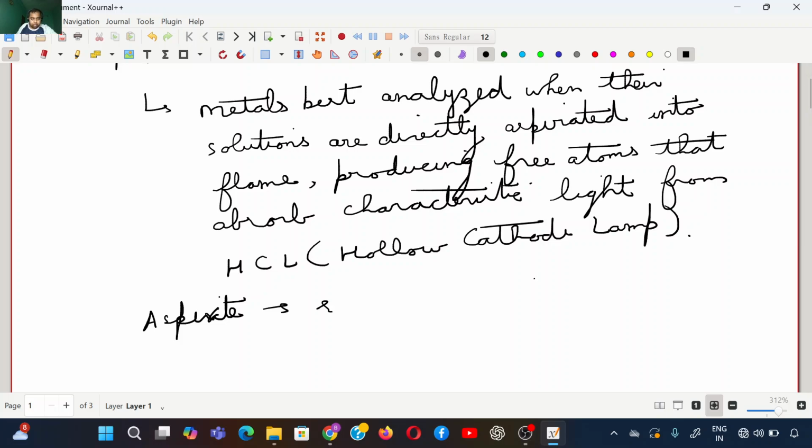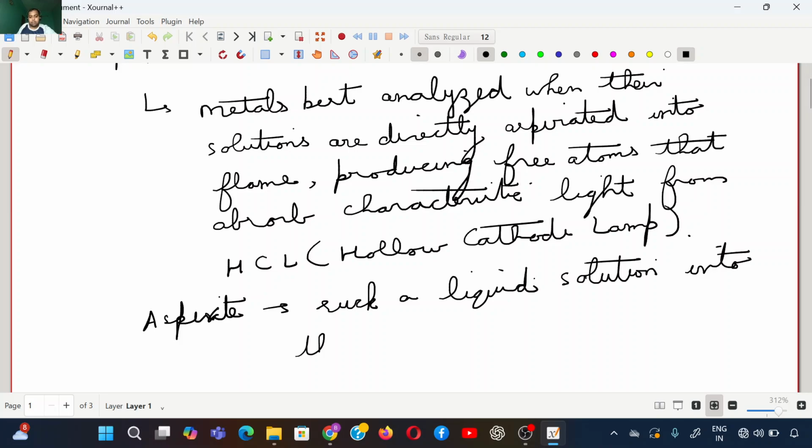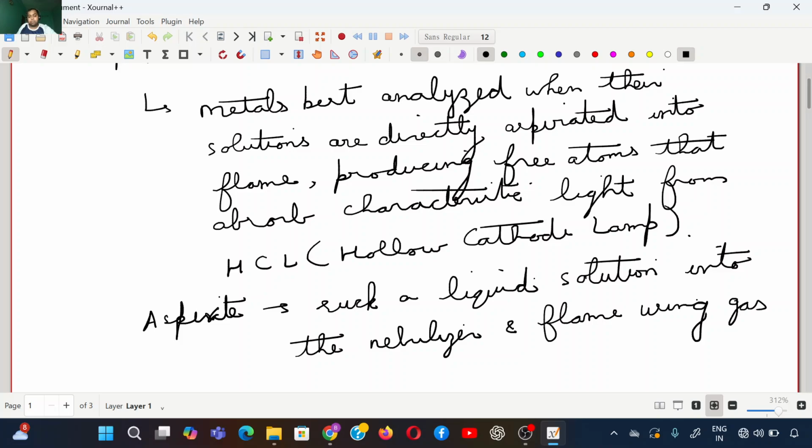Aspirate basically means suck liquid solution into the nebulizer using gas suction.